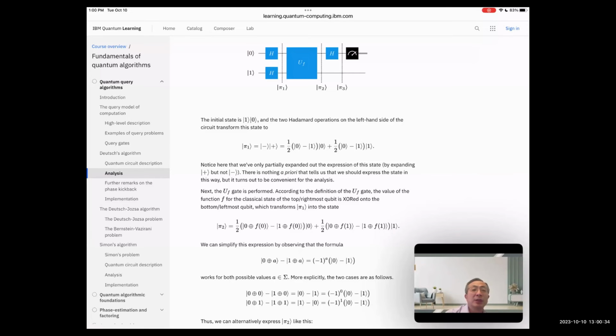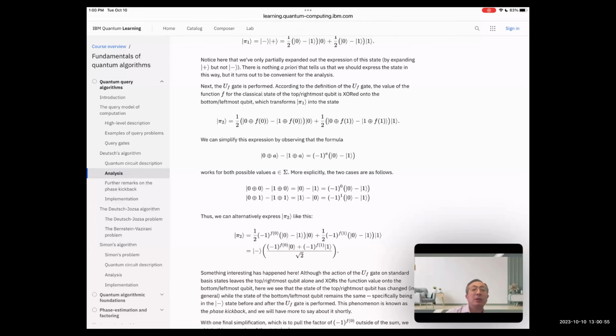That function is applied from F0 or F1. F1 doesn't do anything, and F0... yeah, this part I'm going to assume is mathematically correct.